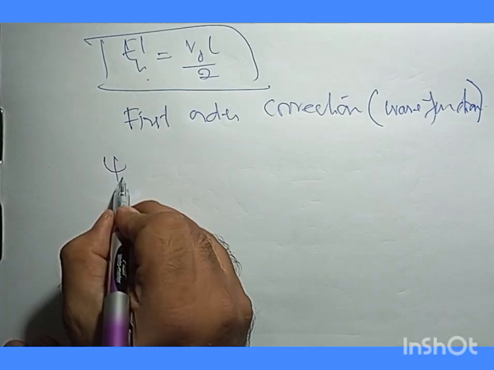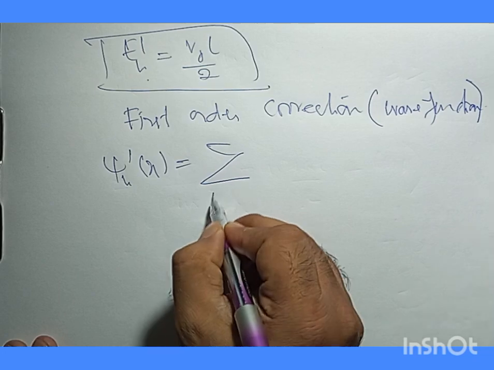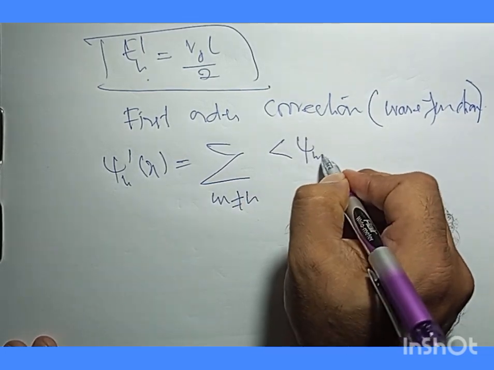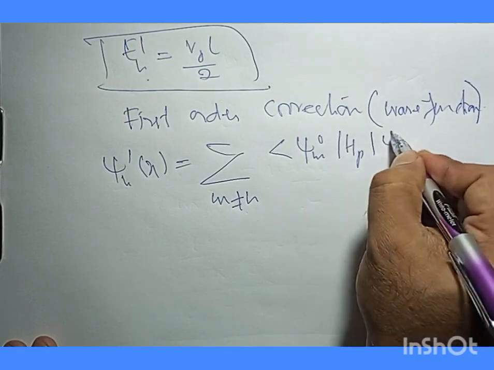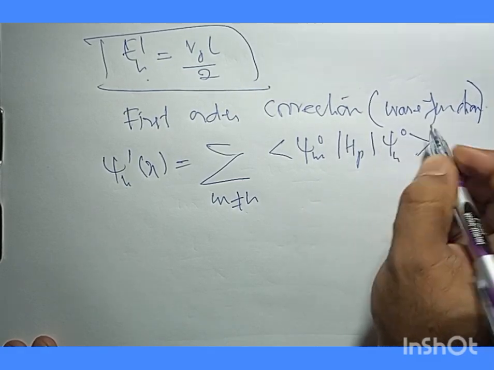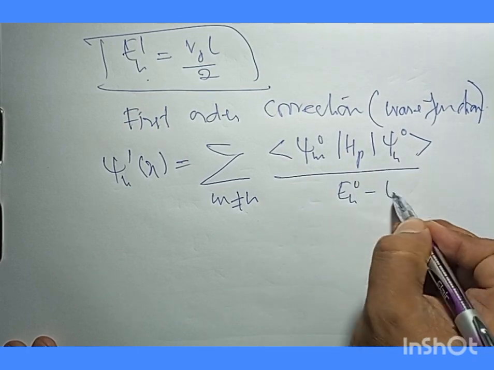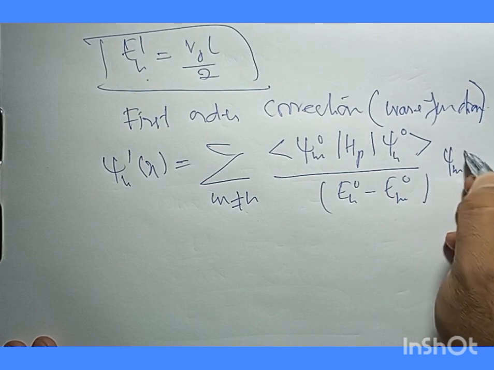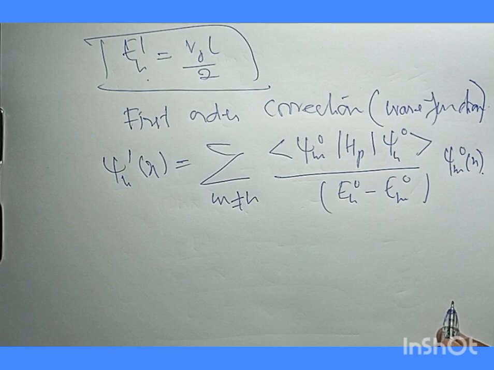So that is psi n of 1 of x equals sigma m not equal to n, the matrix element of psi m0, H prime, psi n0, divided by En0 minus Em0, times psi m0 of x. All right, so this is our situation.